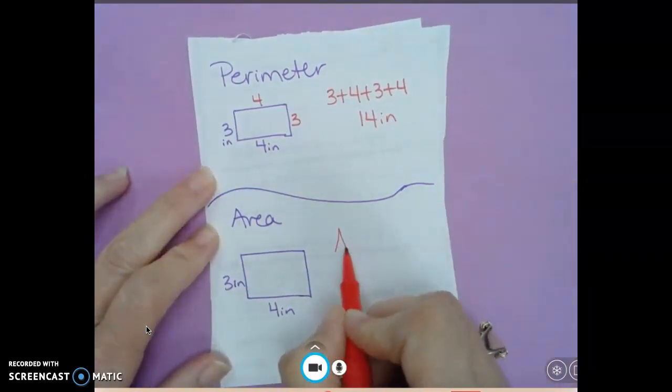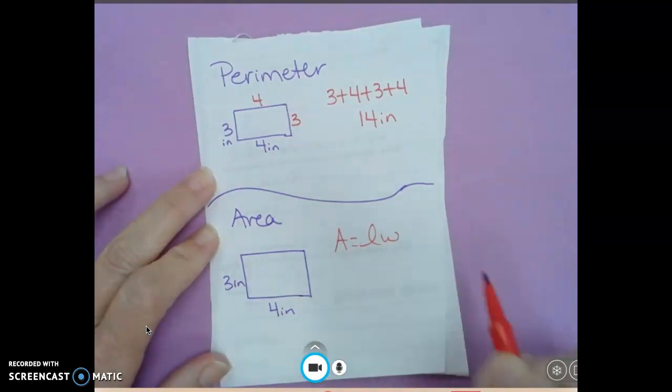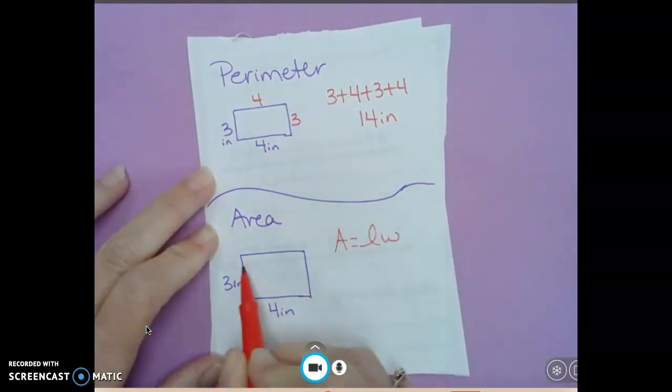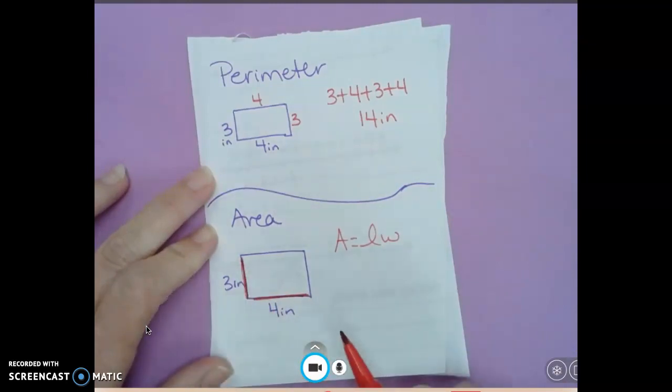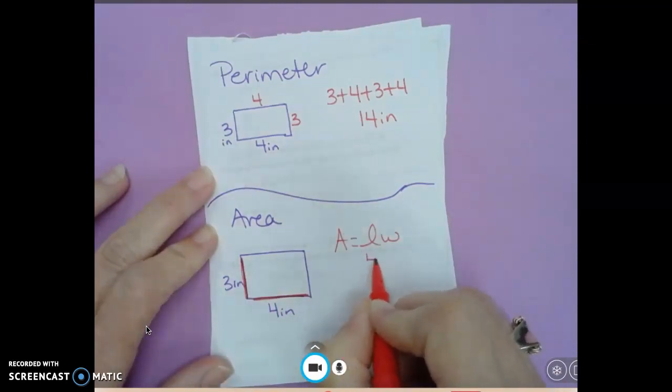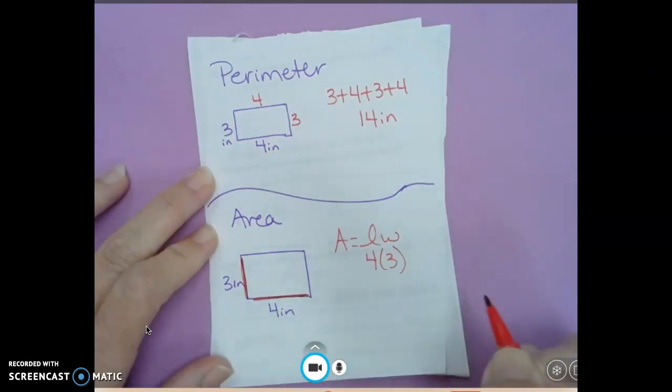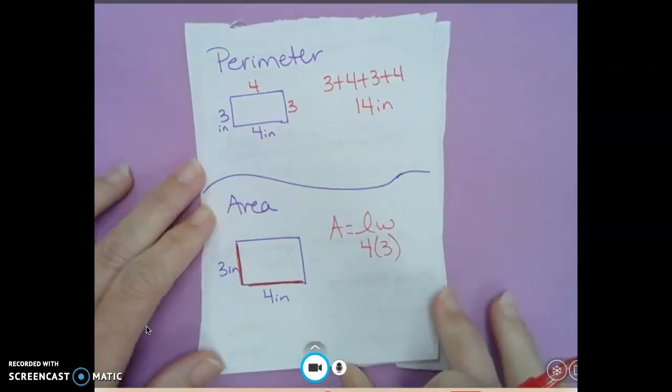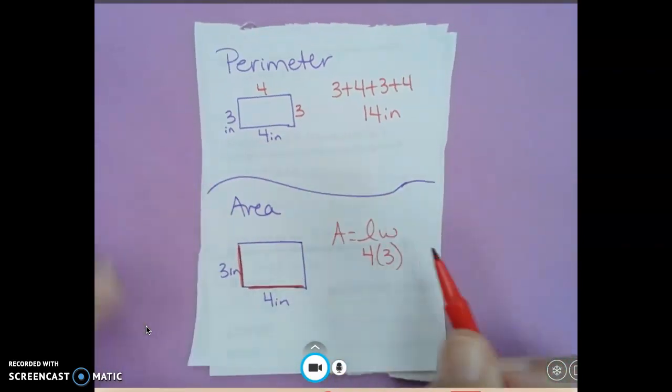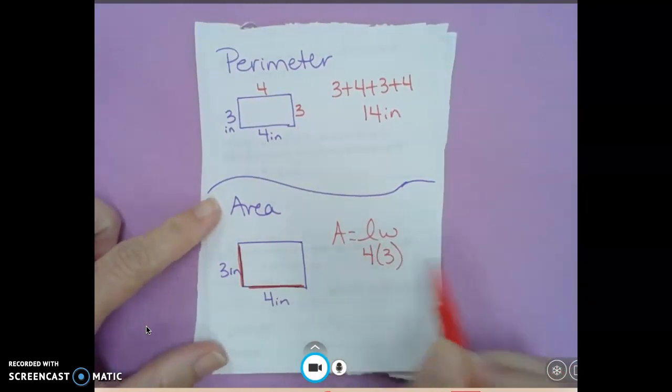Now area for a rectangle is just length times width. So all I have to multiply is the length and the width. So in this problem I will just say 4 times 3. Now some people like to say 4, I usually use a parenthesis, 4 times 3.